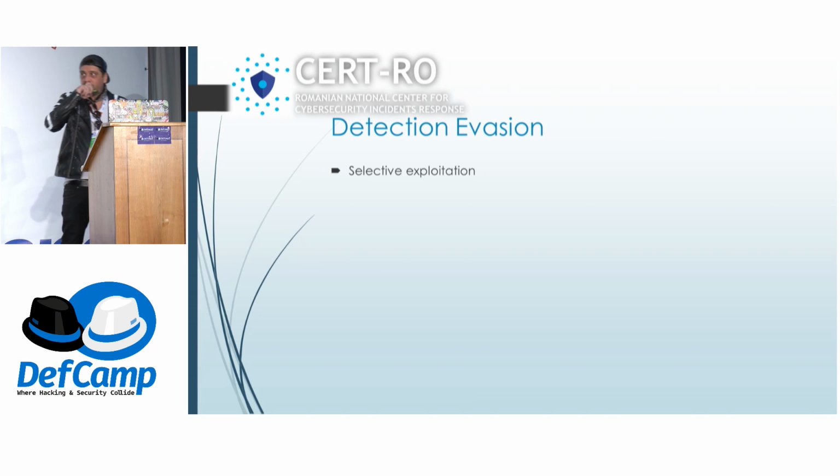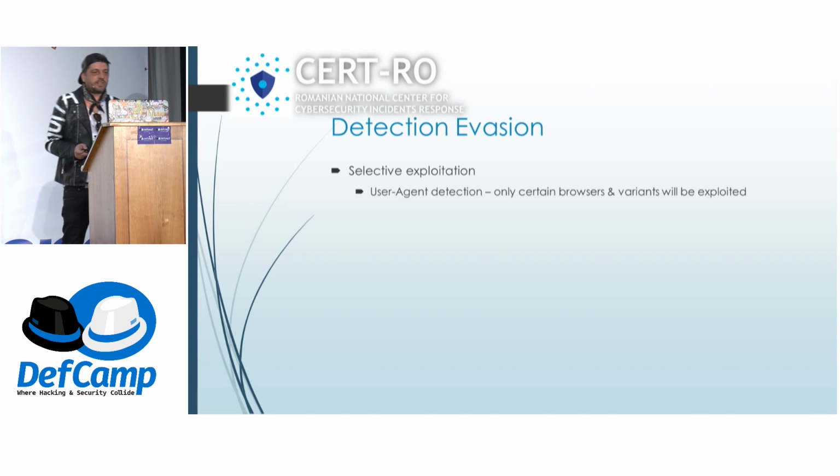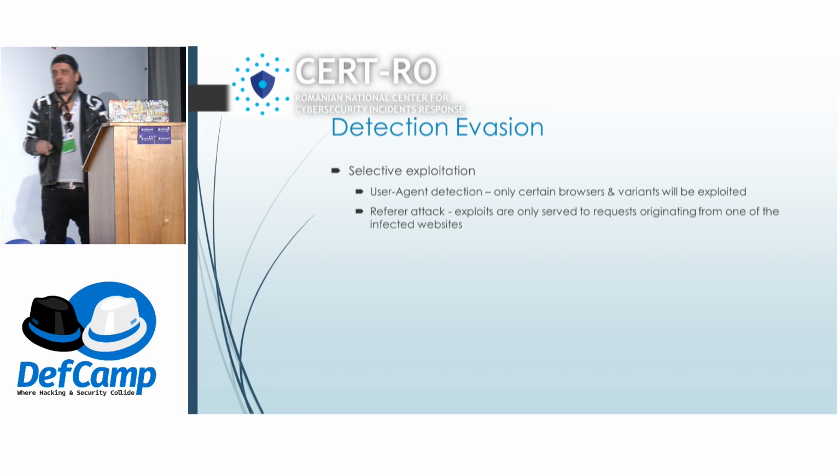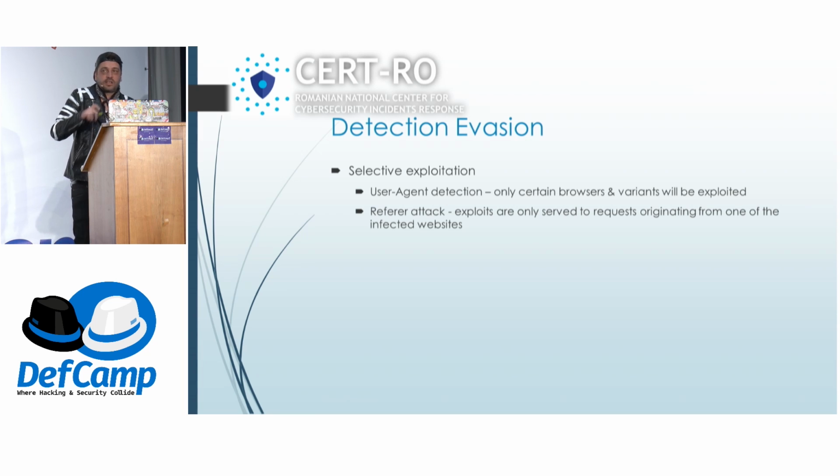Also, there is something I call selective exploitation. The attacker decides to only target certain versions of browsers, certain types of browsers, or operating systems. Also, there is what I call the referrer attack, which means the exploits are only served to requests that originate from one of the infected websites.